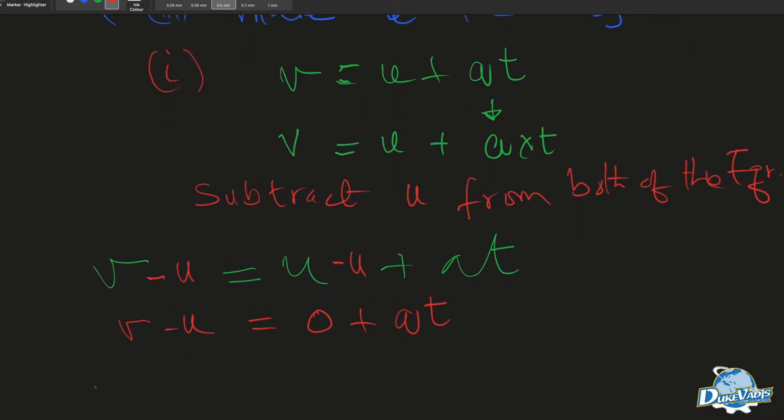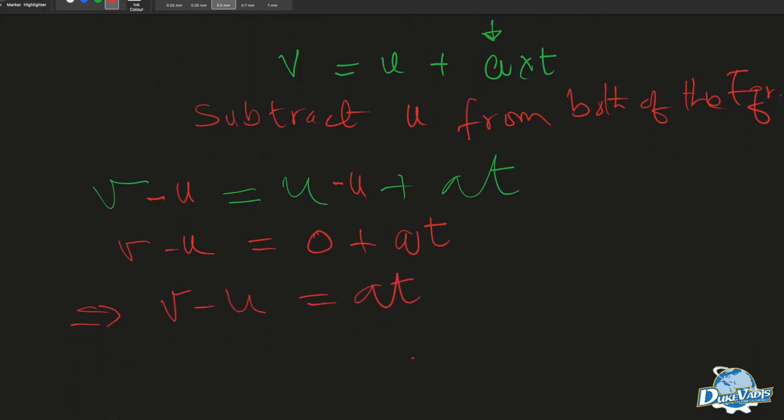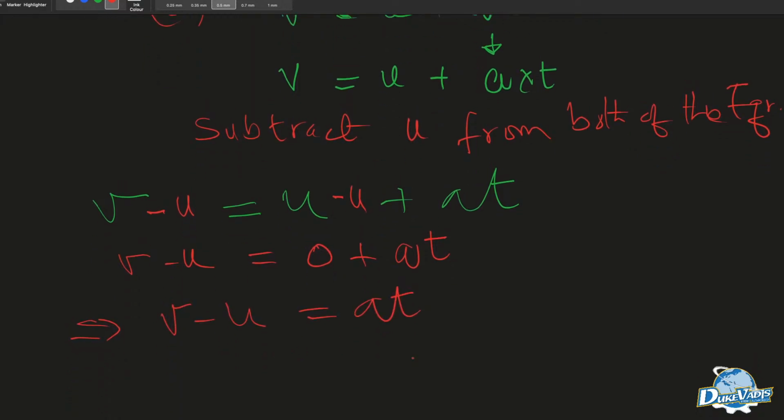So this implies that V minus U is equal to AT. You see, we're gradually coming home, and we know that A is our interest. Our interest is to make A the subject.